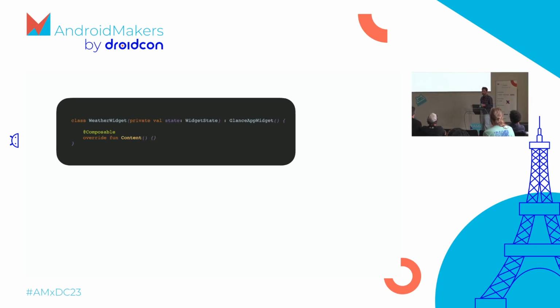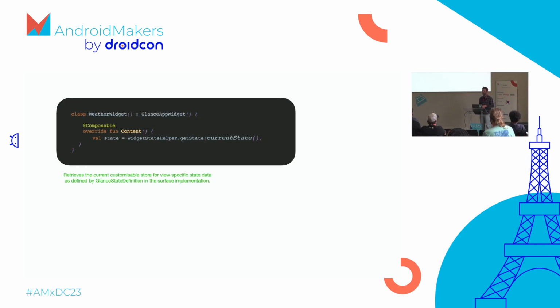So now, when we know how to save the state and retrieve it, we can get rid of this state in the constructor, and we can call state equals widget state helper.getState, and we are calling current state. And current state is a function that we can call in the widget class. So every class that extends GlanceAppWidget has immediate access to the preferences for this Glance ID, so for your unique widget.